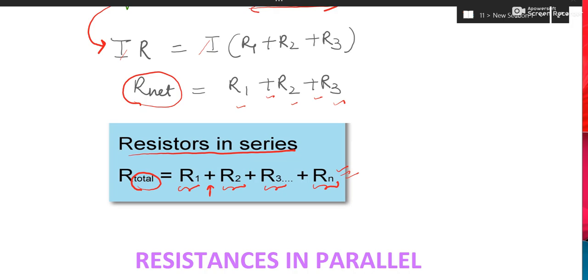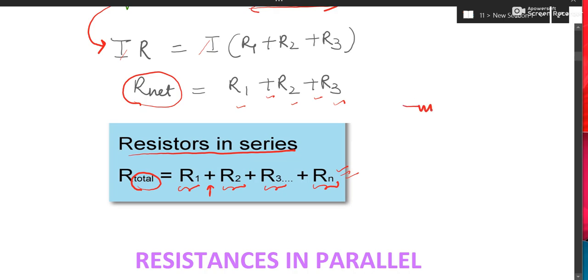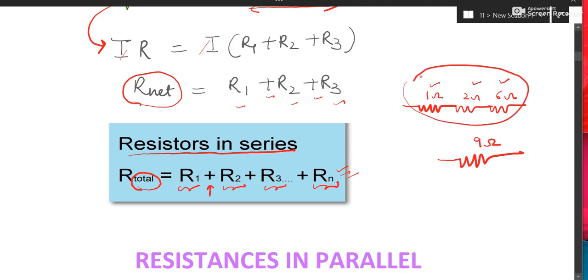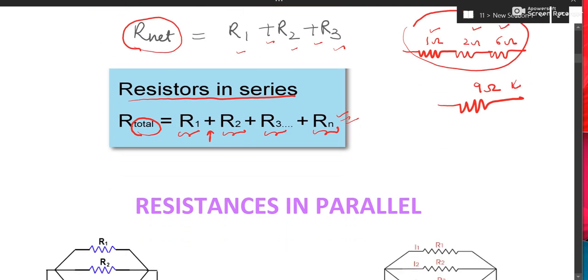We can see it like this also. Suppose we have 1 ohm, 2 ohm and 6 ohm. So what is the net resistance? R1 plus R2 plus R3, that is, the net resistance is 9 ohm. So the answer for these three in series is 9 ohm net resistance.